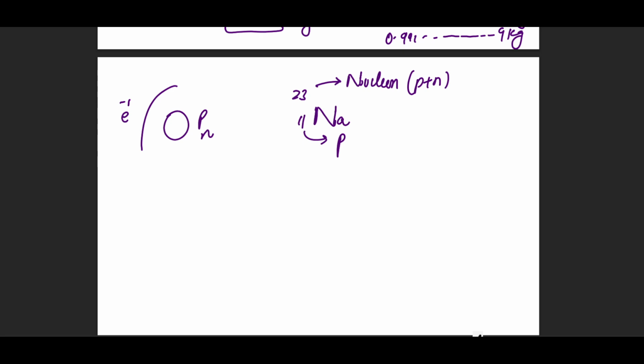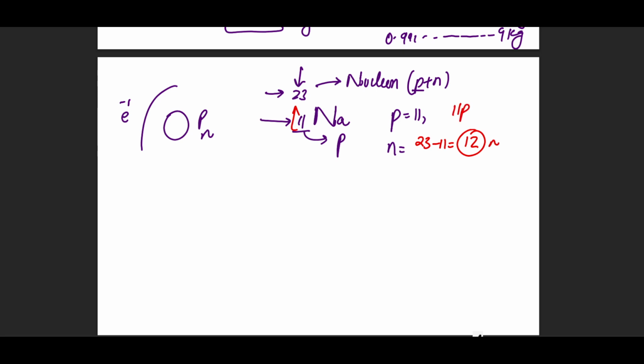So if I wanted to calculate the number of protons, it is 11, direct and straightforward. If neutrons are to be calculated, you subtract these two numbers. Why? Because protons are represented here and they are also a part of this number. So to find out the neutrons, I just subtract this number from that one. So 23 minus 11 gives me an answer of 12. So this has 12 neutrons and 11 protons.